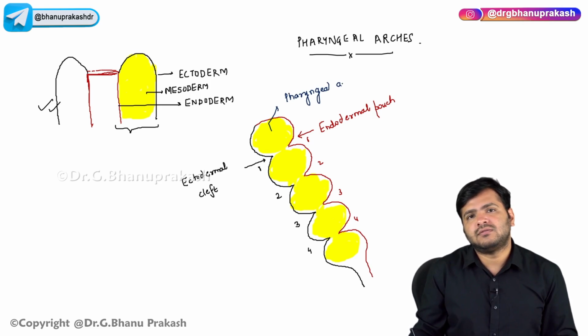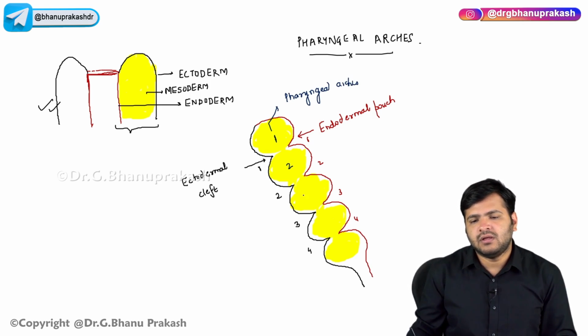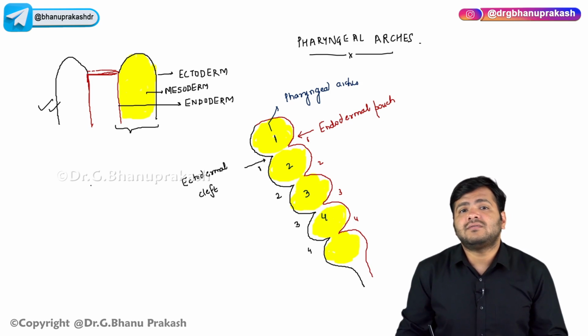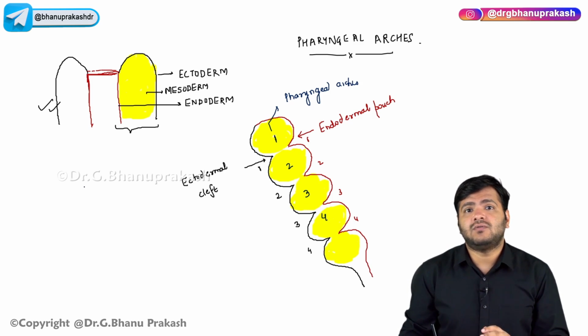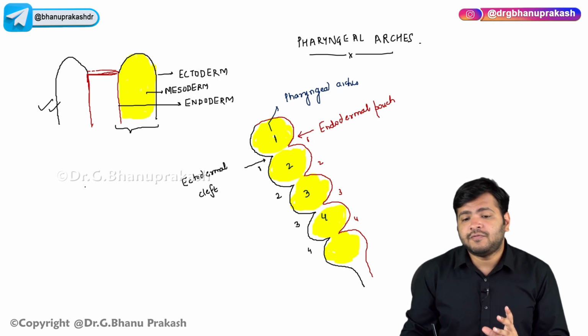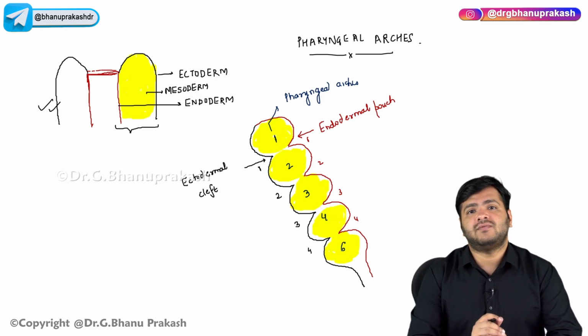Pharyngeal arches. And remember, the pharyngeal arches are 6 in number: 1, 2, 3, 4, 5 and 6. The pharyngeal arches will be like 5 in number. Initially there are 6, but you already know that the 5th pharyngeal arch basically disappears. So there is the 6th pharyngeal arch which will be there.